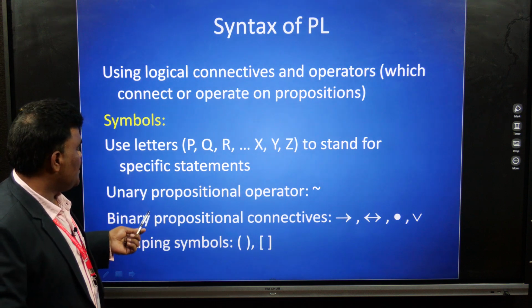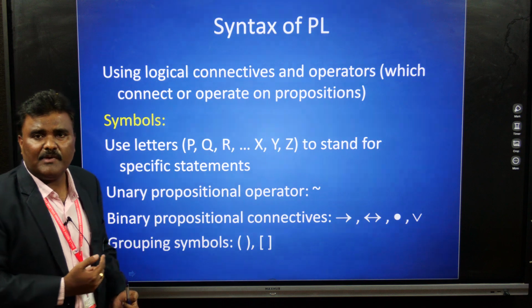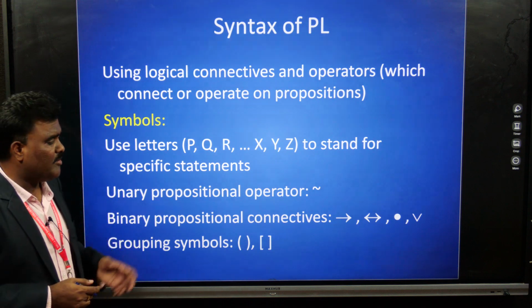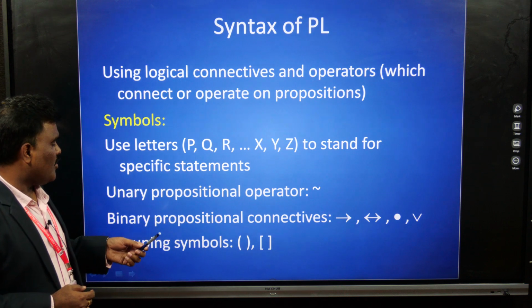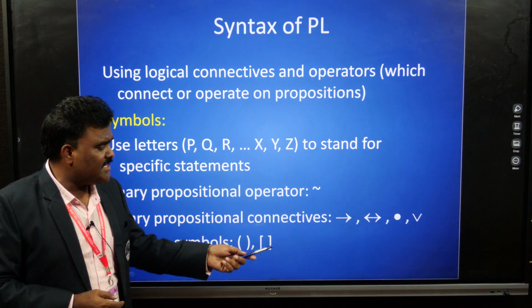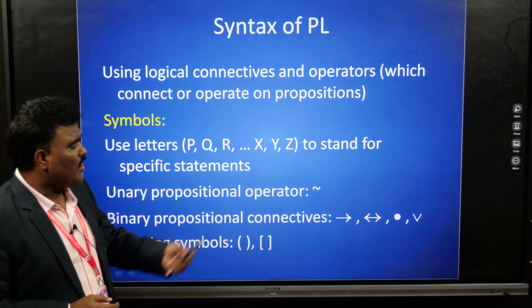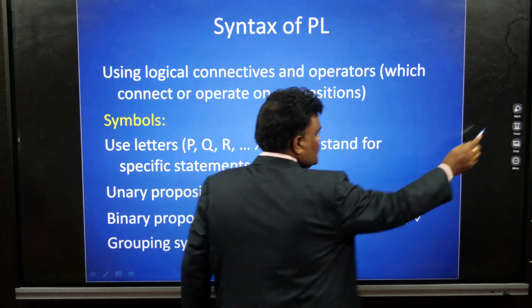Here we have the unary propositional operator, that is called negation, because negation can be applied on either P or Q only. We cannot apply it to both statements. That's why this is called the unary propositional operator, negation. Next, binary propositional connectives: implies, biconditional, OR operator, and this is AND operator.